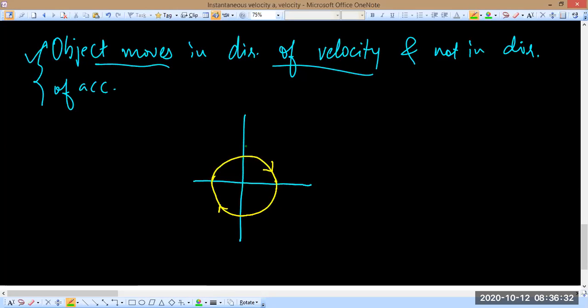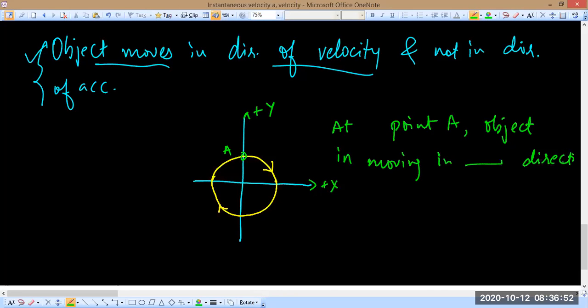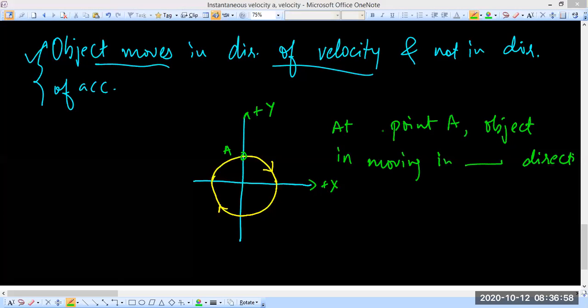So if I ask you that at the point A, object is moving in which direction? At point A, object is moving in dash direction. Can you answer this question?